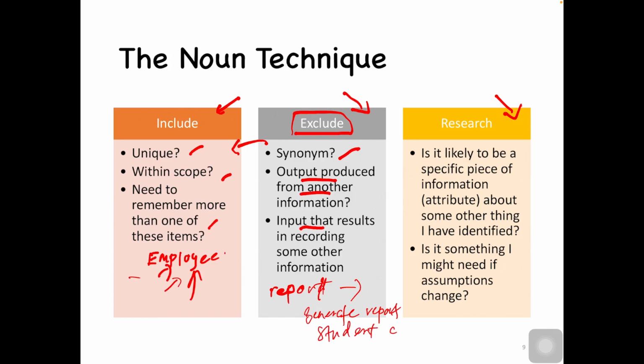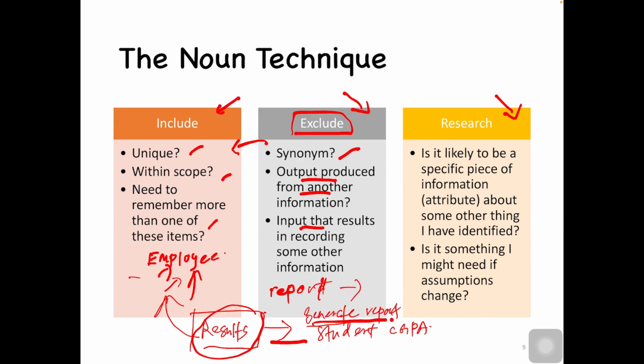We will generate this report from, for example, results. Result is included, and then we want to generate a report from this noun. Usually, if it is output produced from other information, then we do not need to include the report in our noun list.